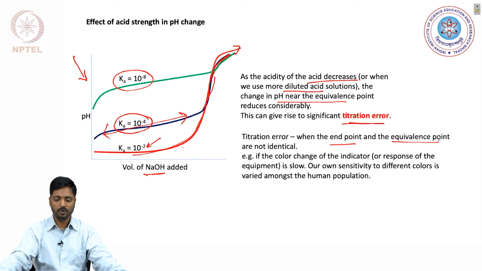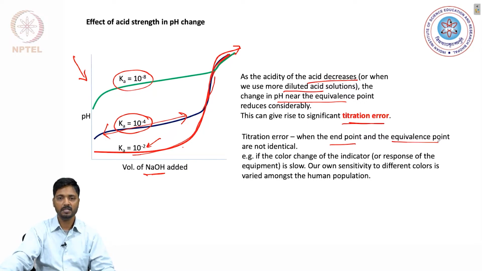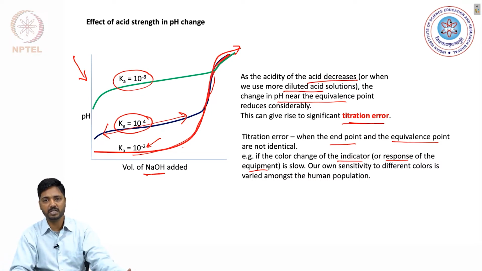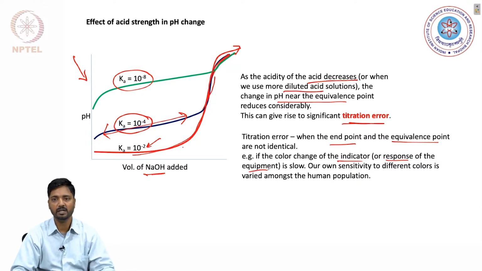And one very common source of generating a titration error is the small change in the color of the indicator, or small change in the response of the equipment which we are utilizing to figure out our titration. Sometimes this change can also be slow, and that will also dictate the errors that may creep into our titration.